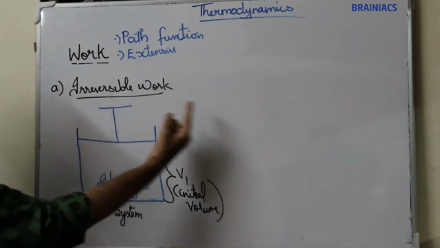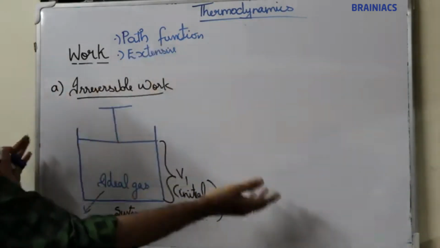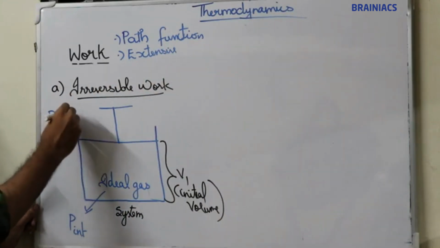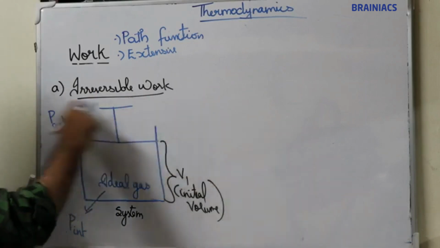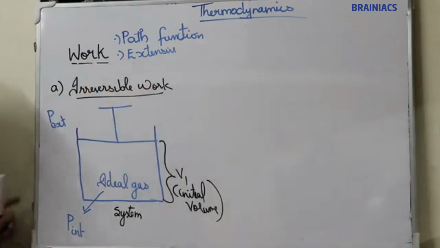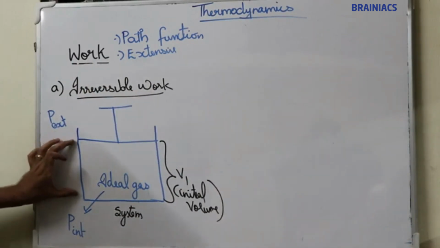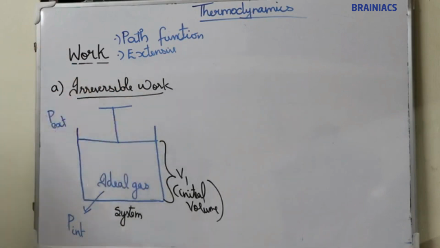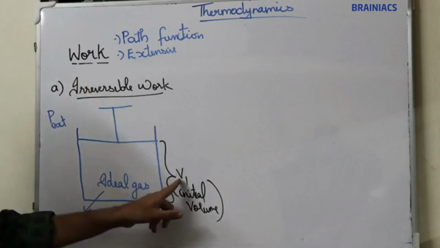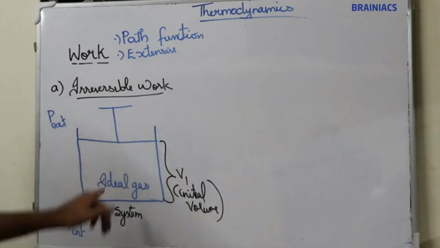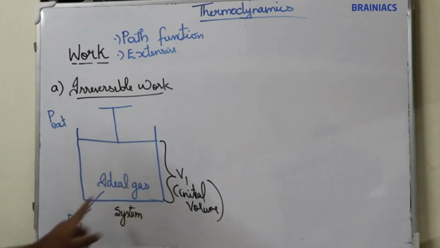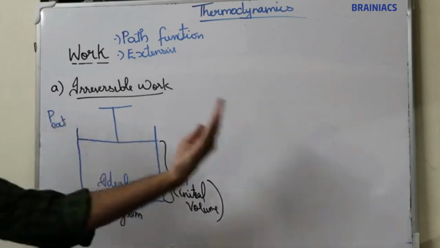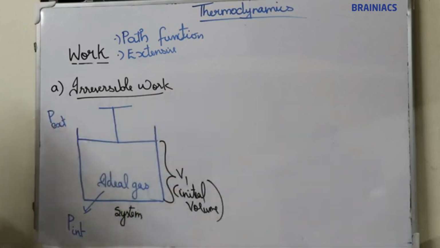Now the pressure outside this system, the external pressure, let it be P external. So the cylinder has a frictionless movable piston and is filled with ideal gas, with initial volume V1.